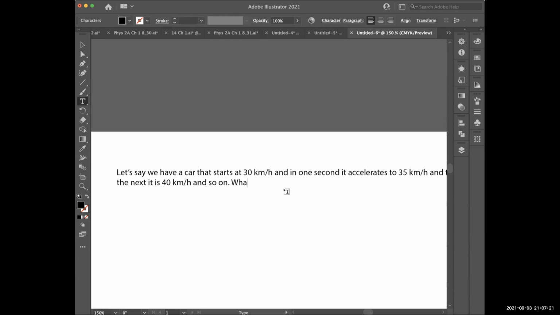What is the acceleration of the car? It doesn't matter where we start and where we end up. What matters is the change between them. So we're going to have the acceleration, sometimes abbreviated as A equals, draw a line right here.